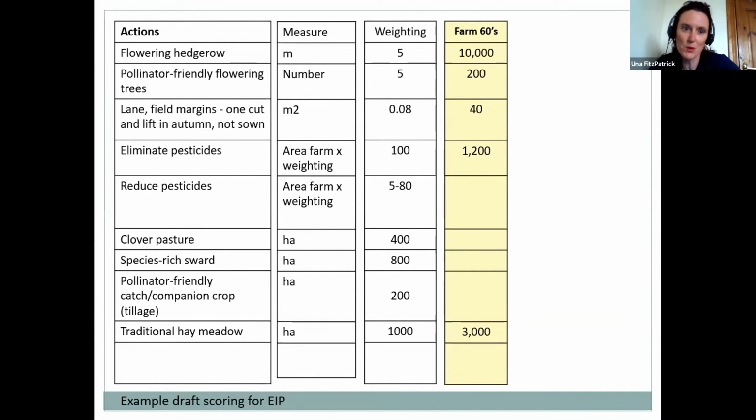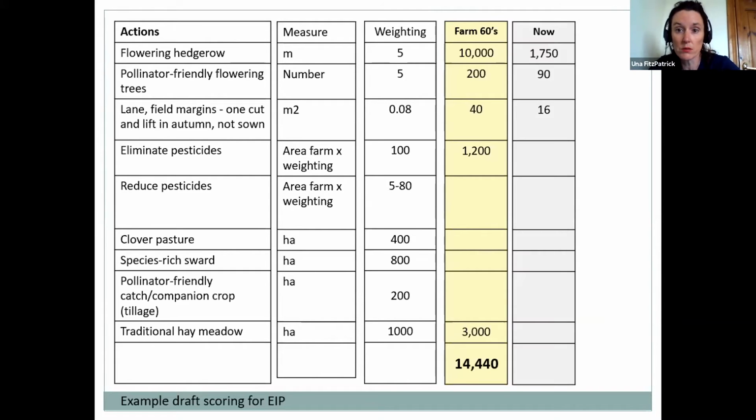So again, just as an example, if I show you that farm, the very pollinator friendly one, the one my mother was growing up on 50 or 60 years ago, you can see there were lots of flowering hedgerows, no pesticides, hay meadows, so it gets a really high whole farm pollinator score. If we score it now, it's really low, which shows how things have changed over the last decades.